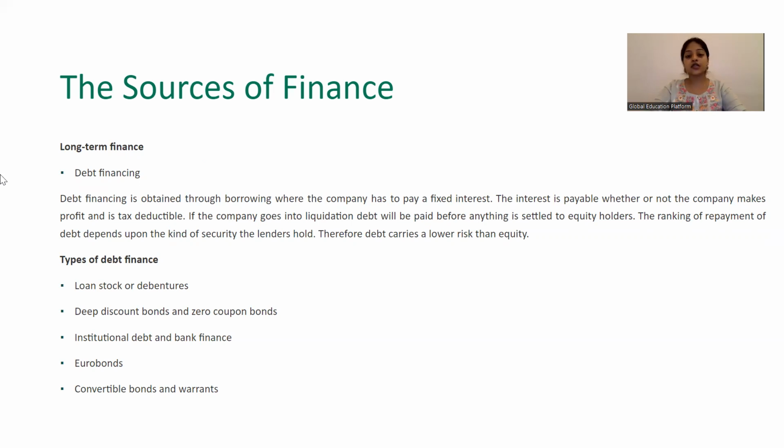If the company goes into liquidation, debt will be paid before anything is settled to equity holders. Beneficial. The ranking of repayment of debt depends upon the kind of security the lenders hold. Therefore, debt carries a lower risk than equity.